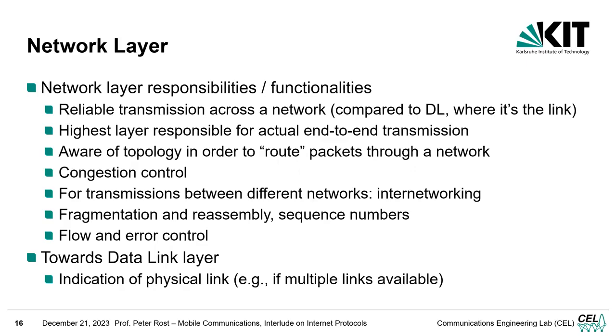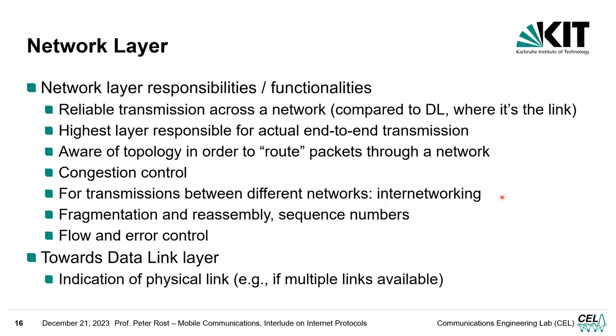It's aware of topology in order to route packets through my network. If we have, for instance, a tree topology or ring topology, this is reflected on the network layer in order to find optimal routes through the network. It performs congestion control. And from my point of view, the most important functionality and task is internetworking.